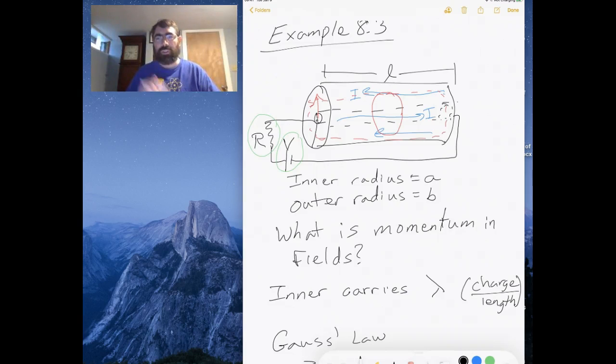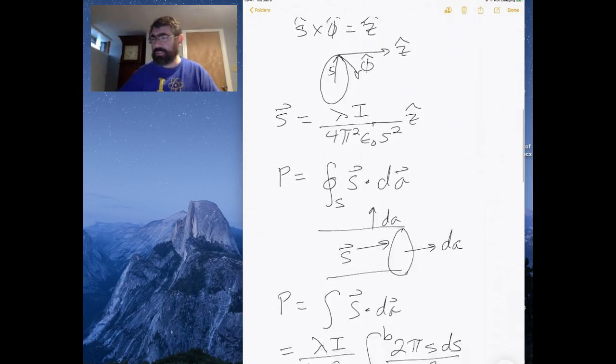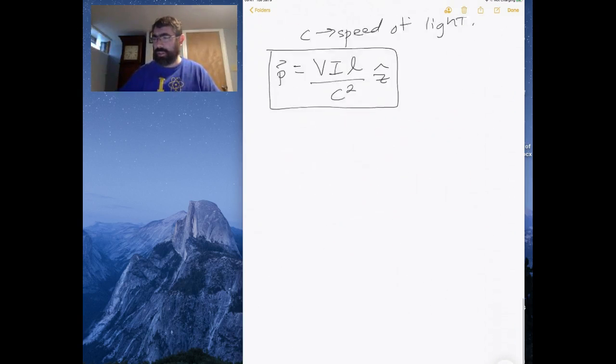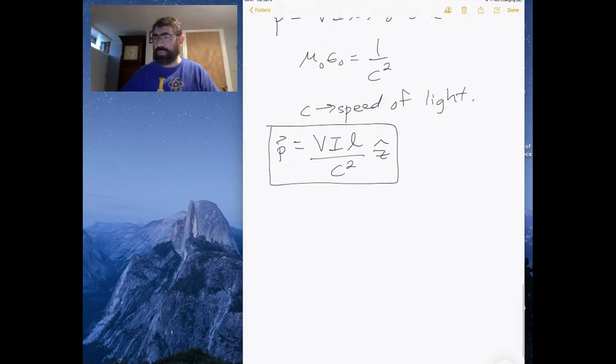And it's just that the current that flows down the center comes around and flows back on the outer cylinder. Okay, so what we ended up with is this result, that this is our momentum in the fields.